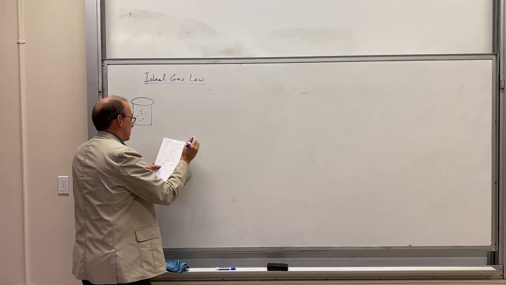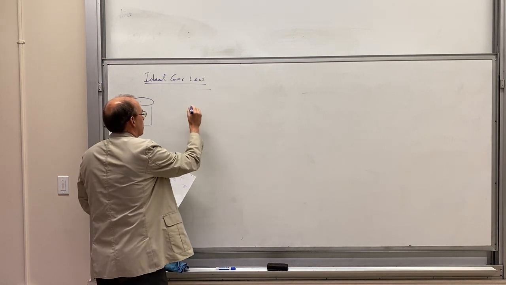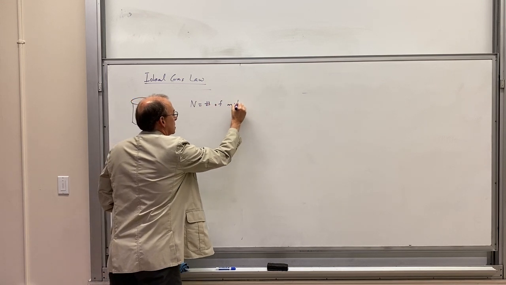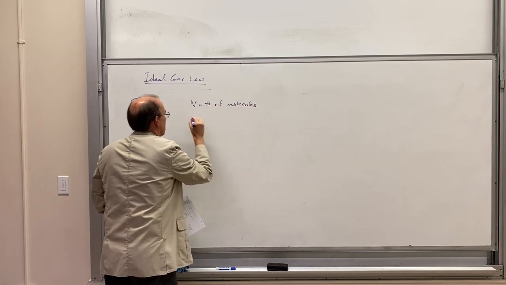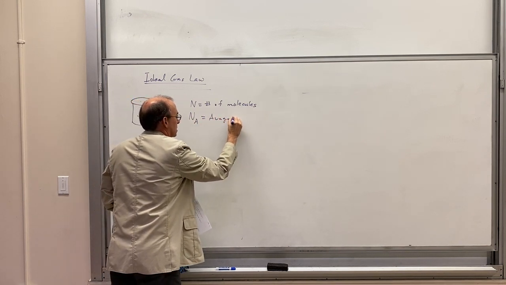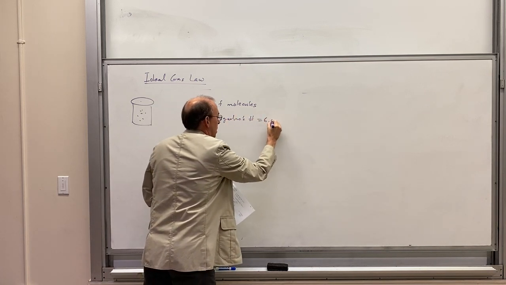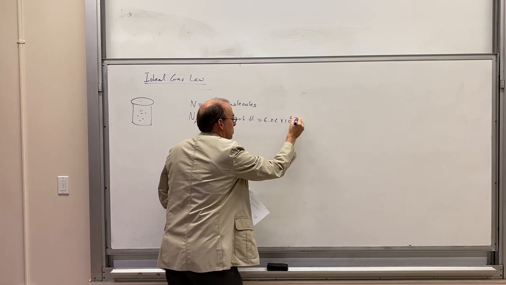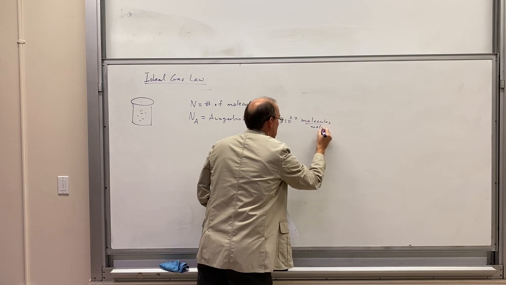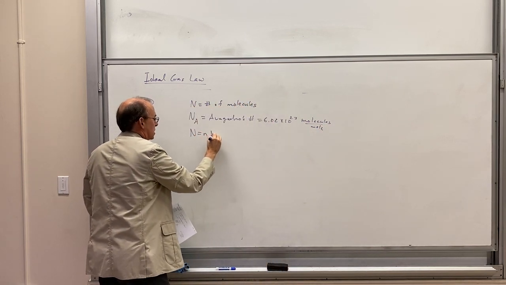So before that, I need to remind you of how number of moles is related to number of molecules. If N is number of molecules, and N sub A is Avogadro's number, 6.02 times 10 to the 23 molecules per mole, then we have big N is little n times N_A.